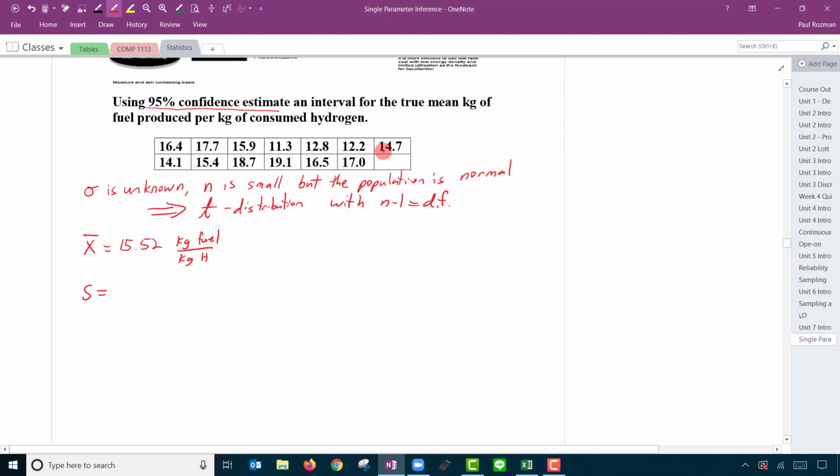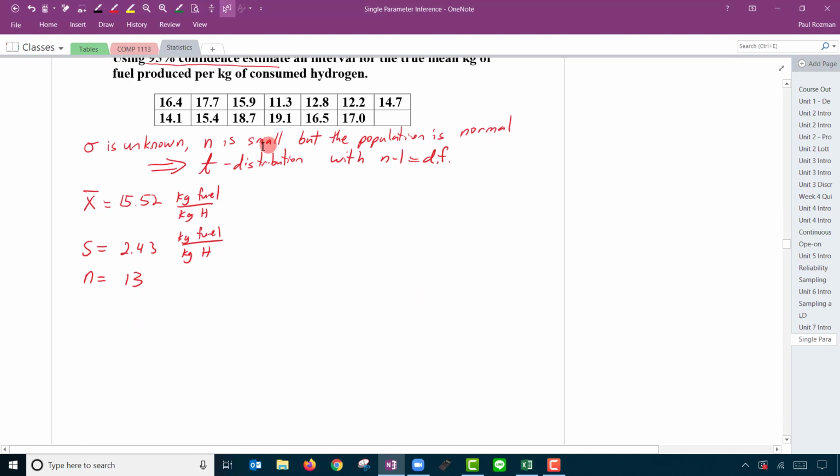We've only studied 13 things, of 2.43 kilograms of fuel per kilogram of hydrogen. And just so we don't forget here, N was 13. And that's why when I said it was small, it was under 30.